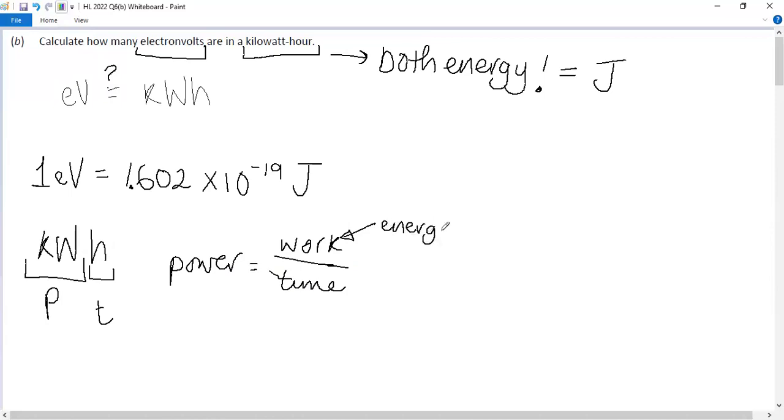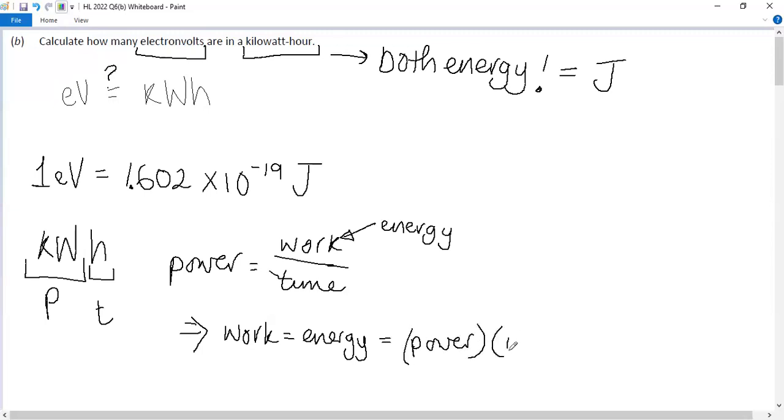It's just the ability to do stuff and move stuff and things like that. So power is work over time, and I want to get work on its own here. That tells me that work, which also equals energy, is power times time. And that's exactly what a kilowatt hour is.